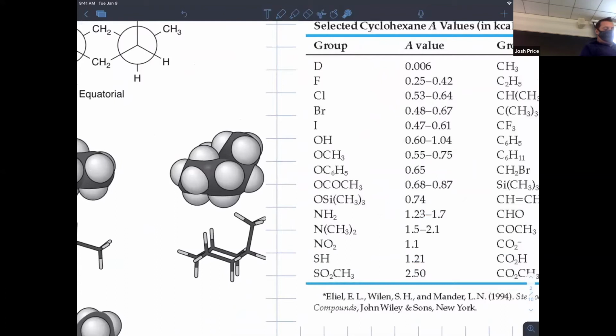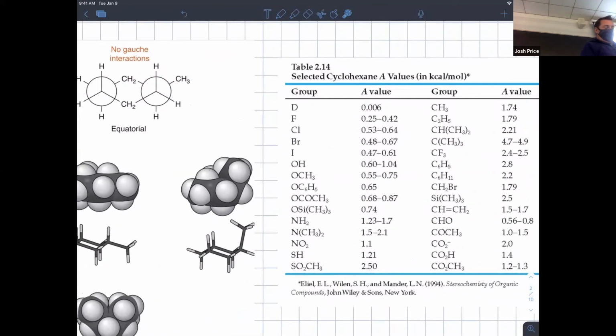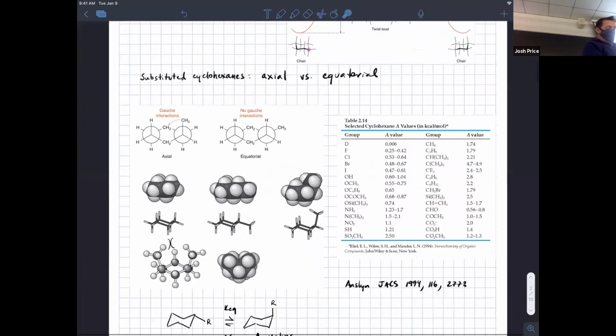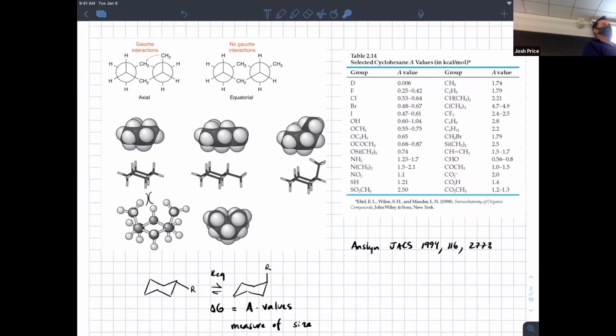They're best compared between things that are from the same row of the periodic table. We don't need to, go ahead. Is the A value of hydrogen then defined as 0? Yes, the A value of hydrogen is defined as 0 because the two conformations when R equals H are exactly the same.